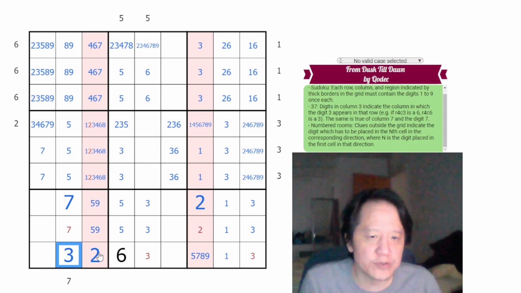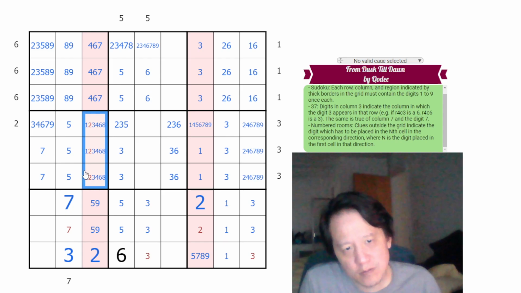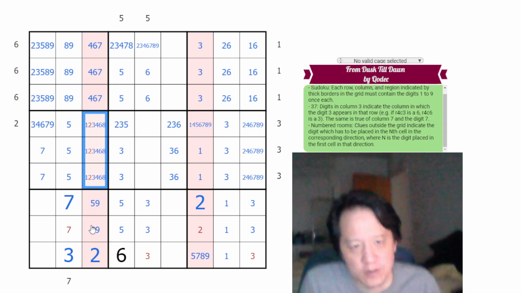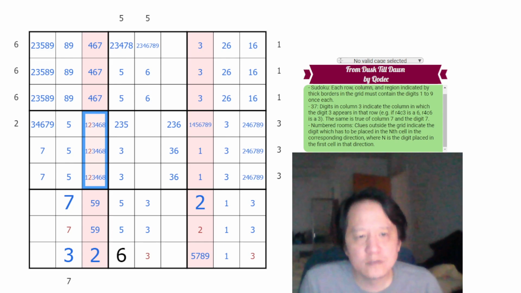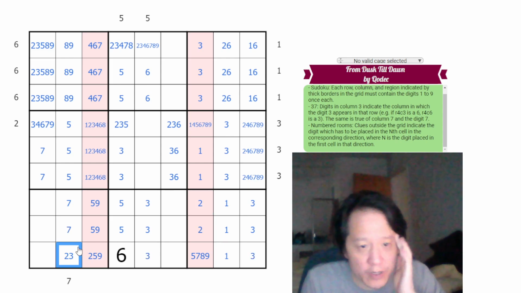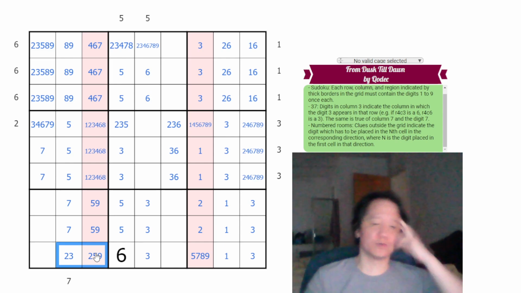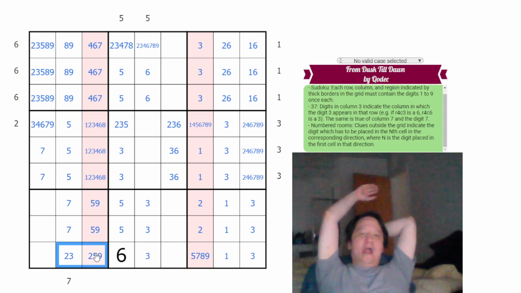If this is 3, this is 2, which means this can't be 3. It could be 3 here. All we gain from this is that the 2 is one of those 2. It doesn't really help very much.